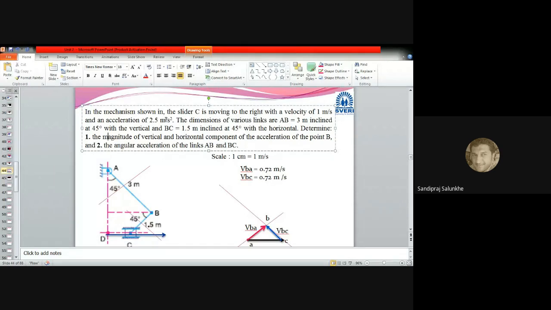The slider is moving to the right with linear velocity of 1 meter per second and linear acceleration of 2.5 meter per second square. कुठली लिंक काढता येईल बघ? ज्या वेक्टरचे आपल्याला इन्फॉर्मेशन माहित आहे तोच वेक्टर अगोदर ड्रॉ करूया ना. हा तेच ज्याचं माहित आहे ते आधी करायचं. राईट. मग सांगा बरं आता कशाची माहिती आहे आपल्याला?